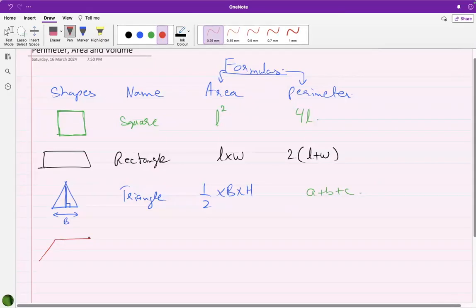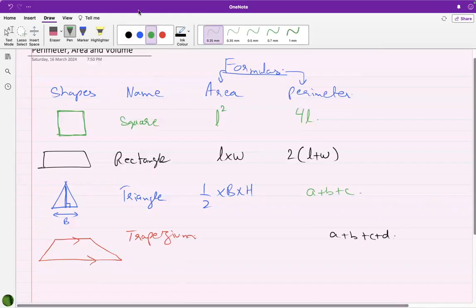Okay, now some different shapes. What do we call this shape? A trapezoid? Trapezium, trapezoid, yes. Trapezium. So perimeter would obviously be the sum of all 4 sides. And what is the formula for area?